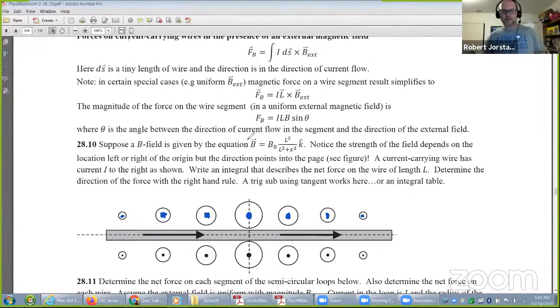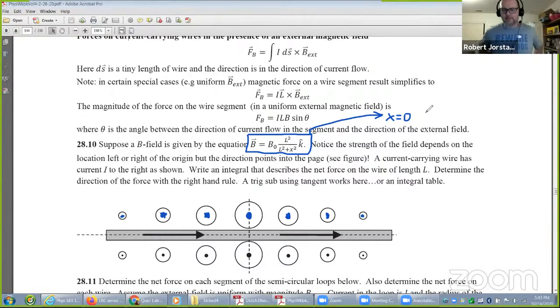Okay, now look at this equation for that B field for a second. When x equals 0, the denominator is as small as possible, and you actually get B naught. So B naught is the value of the field at x equals 0. Take a second and verify.